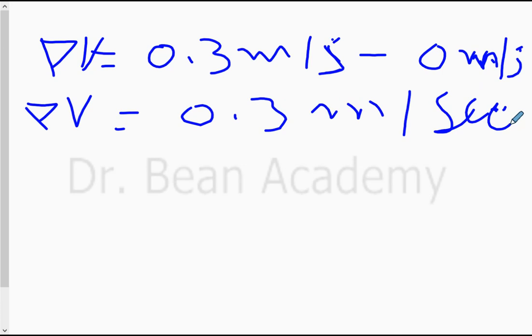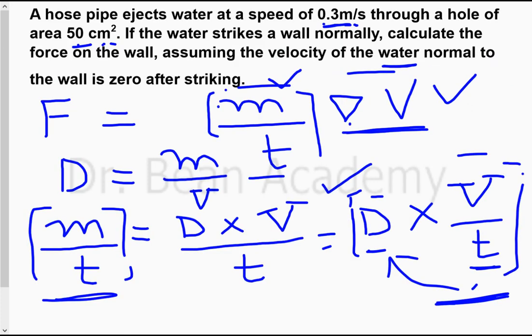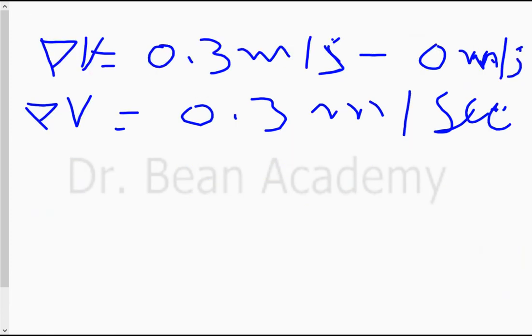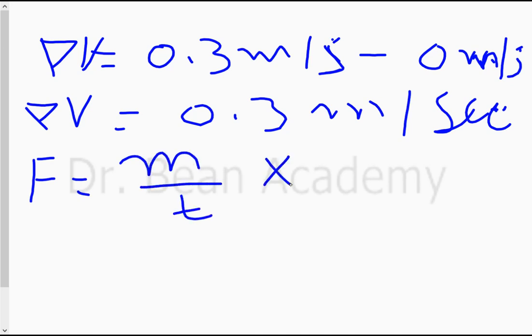Okay, so now we have all the quantities. F is M over T times the change in velocity. So let's calculate F equals M over T into change in velocity.